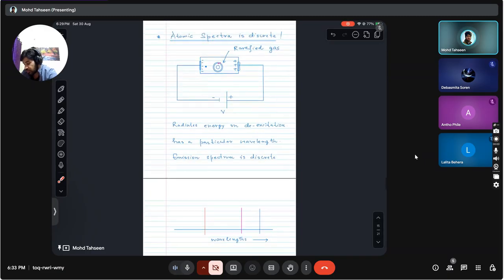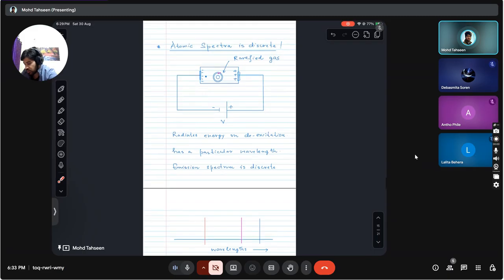And finally, one of the problems that was unsolved in the beginning of the 20th century was the atomic spectra of atoms, and it was known experimentally that atomic spectra is discrete, right?